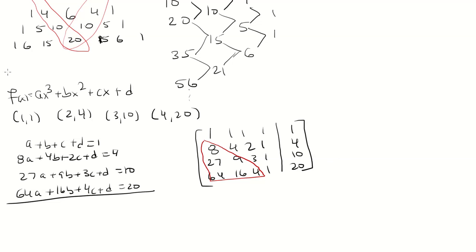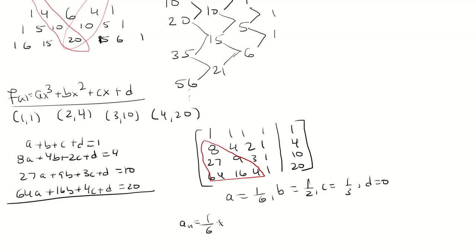And then solve it. When you do that, you get that a is 1/6, b is 1/2, c is 1/3, and d is 0. So then we come up over here and we plug it in. Because it's going to be a sub n, we should use n instead of x.